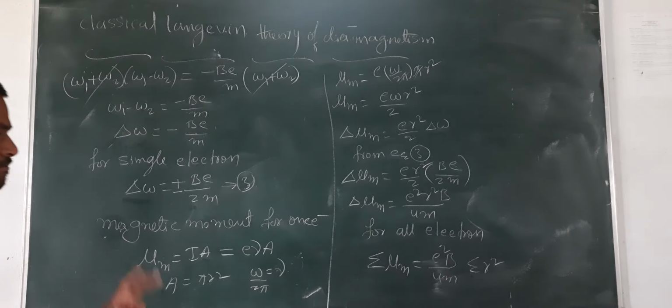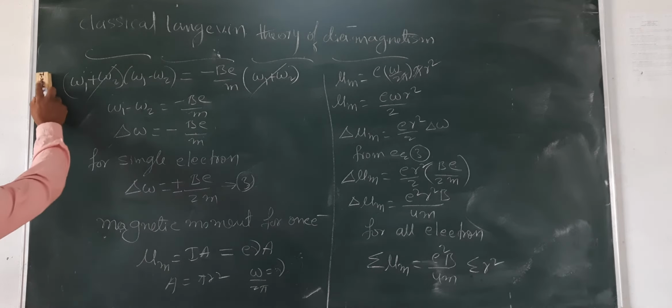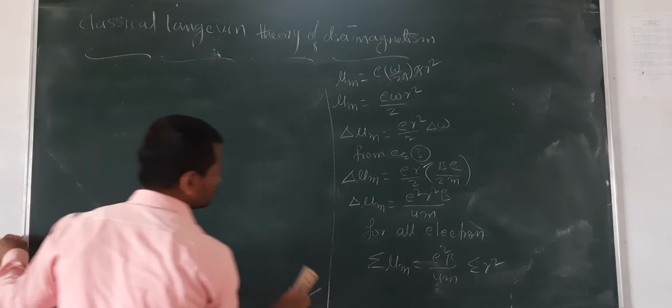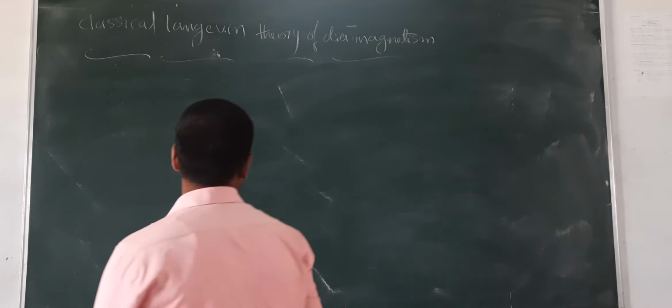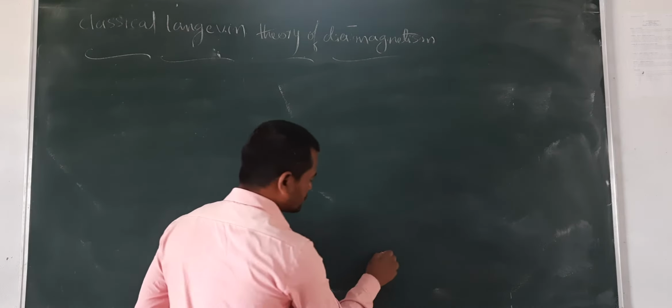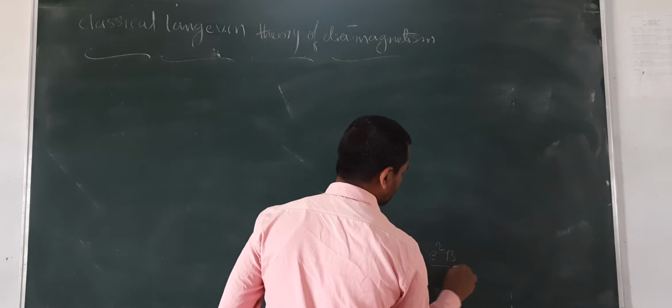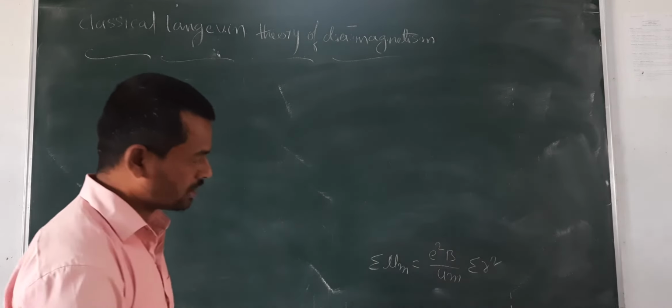Now take it. Next, magnetization. M is equal to e square B by 4m, summation r square, we got here finally, for all the electrons.